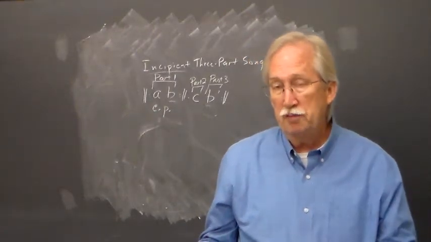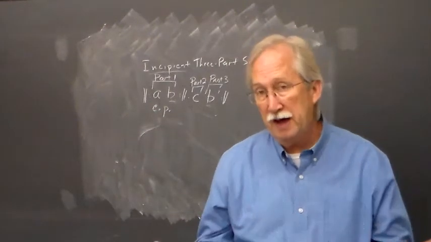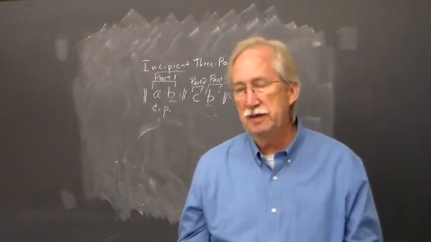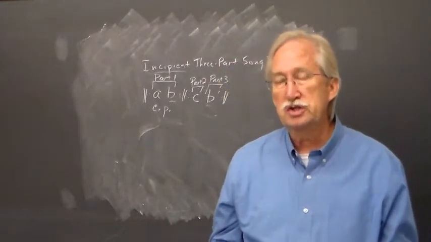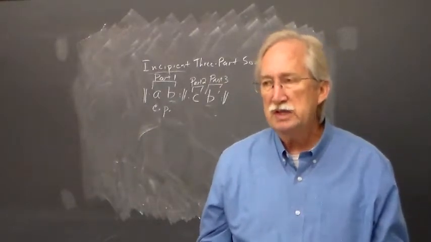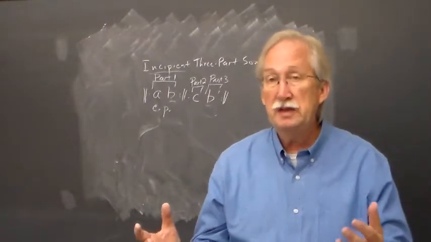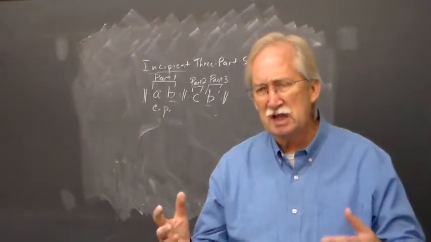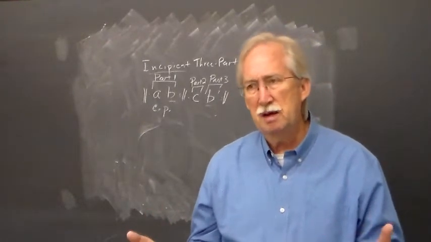Return part 2, then you'll call it a 5-part song form. So that fourth section, in order to call it enlarged 3-part song form, it has to be in the same key, and it can be slightly embellished.